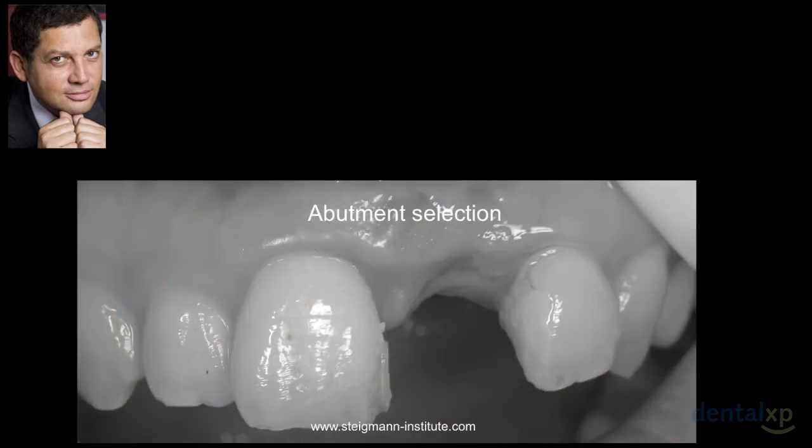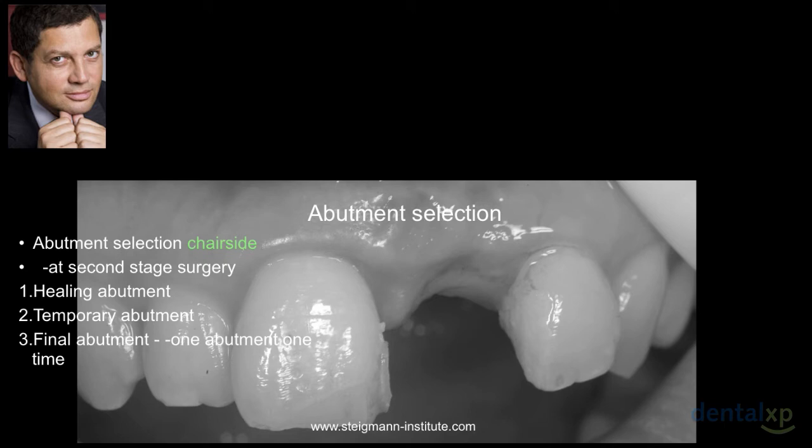So in this case, we can place a healing abutment at the time of uncovering, or select an abutment at the time of uncovering. The abutment selection can be done chairside at second stage surgery and placed immediately if it's a stock abutment, or if the impression was taken at the time of implant placement.